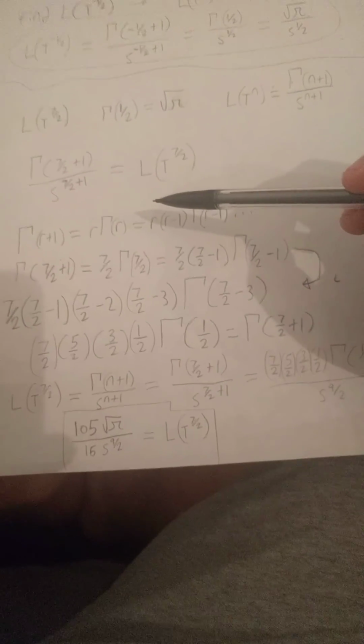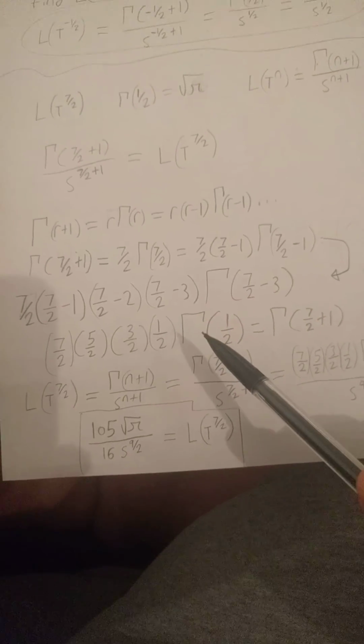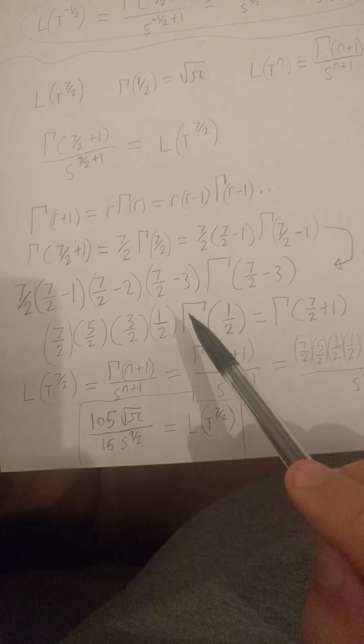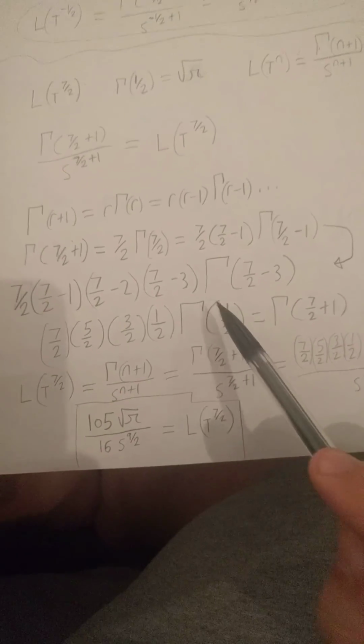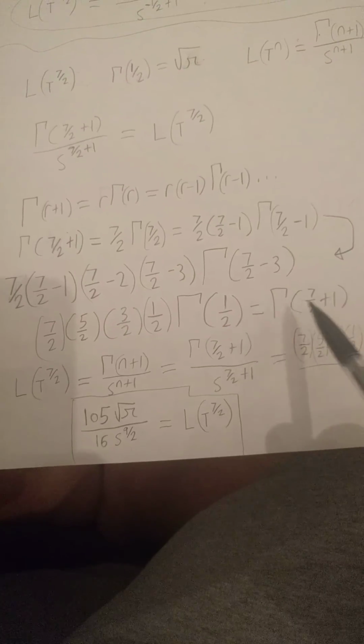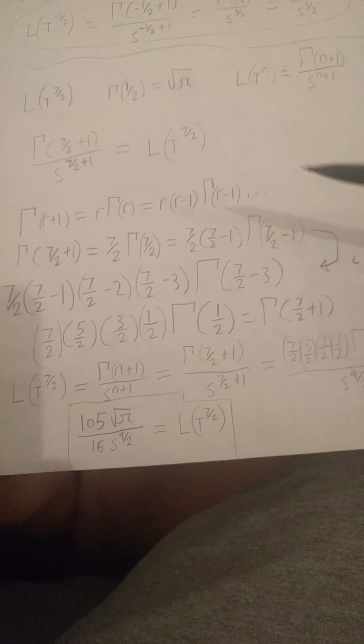Kind of zooming back out, what you'll end up getting is just these constants multiplied by the gamma function of 1/2, which is a known value, is equal to the gamma function of what we originally had up here.